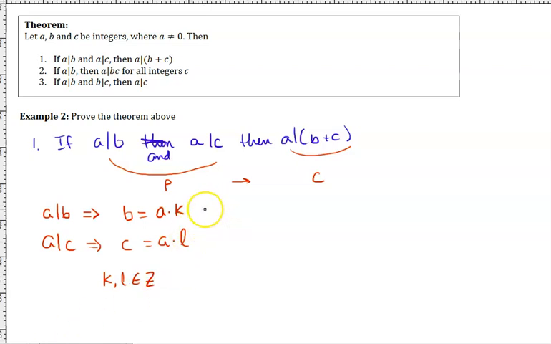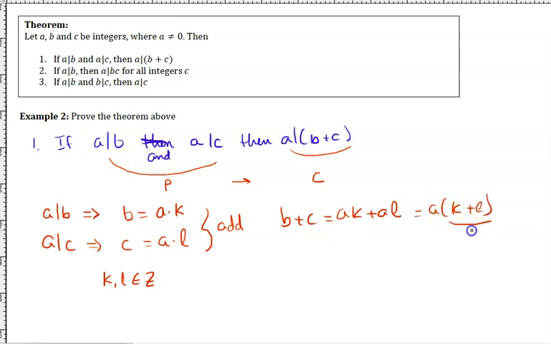Then we're going to add these. That gives me b plus c is ak plus al, which gives me a times (k plus l). Now, k plus l is an integer itself.